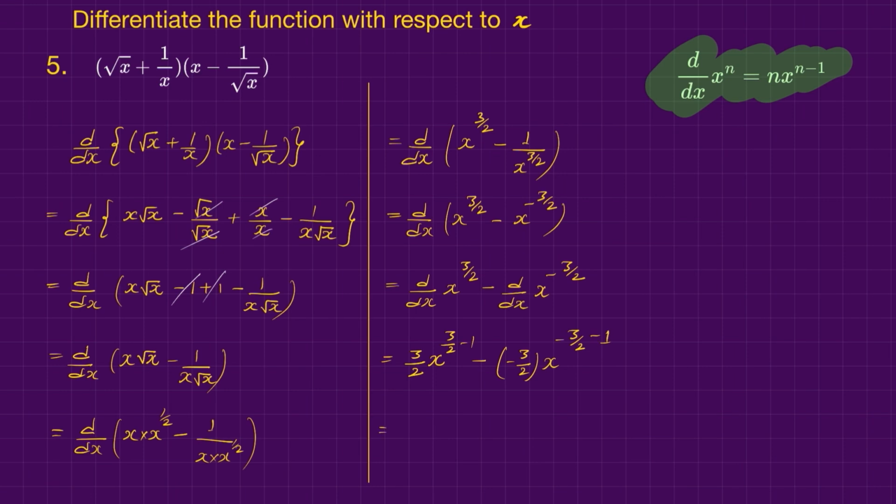So it will be equal to 3 by 2 x to the power half plus 3 by 2 x to the power minus 5 over 2. So this is our answer for this question.